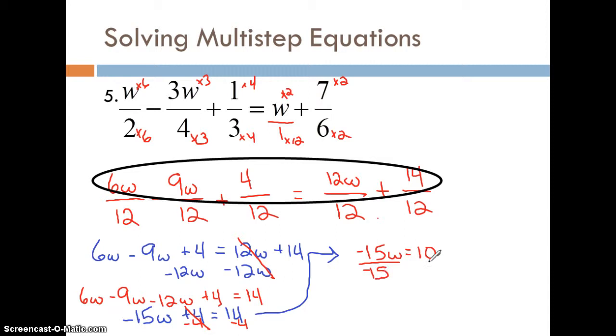Divide by negative 15, in which w equals 10 over negative 15, except that fraction can reduce. We can reduce it by 5. So 5 goes in that 2 times, it goes in that 3 times, and we have a negative.